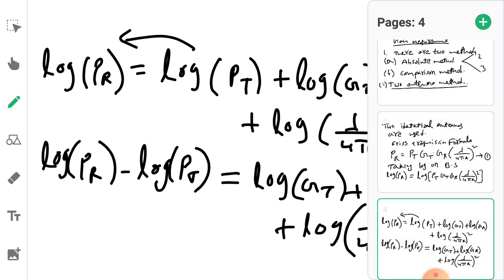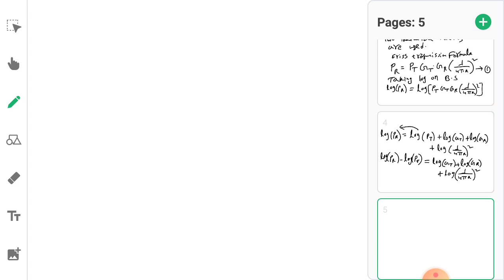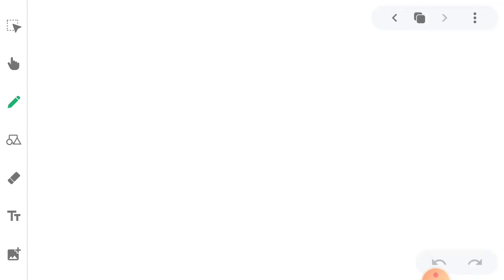So that step we are going to do now. On the left hand side we have 10 log of PR minus log PT, so PT comes in the denominator.